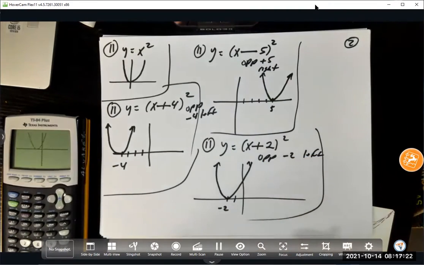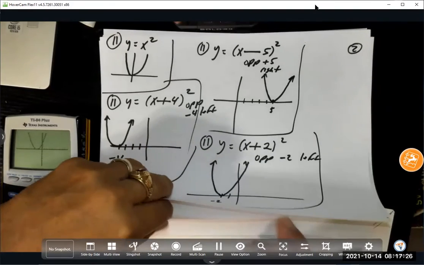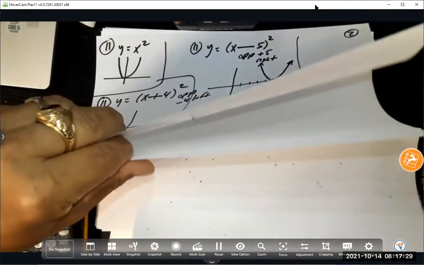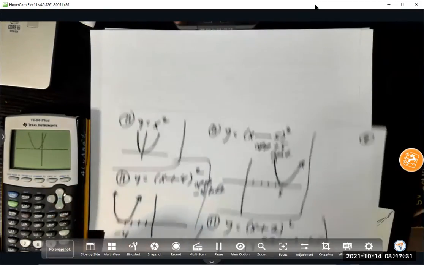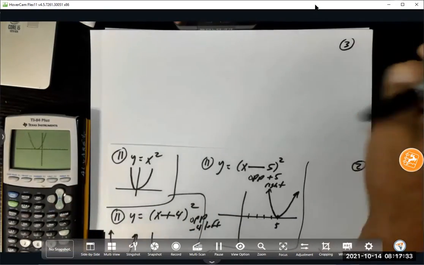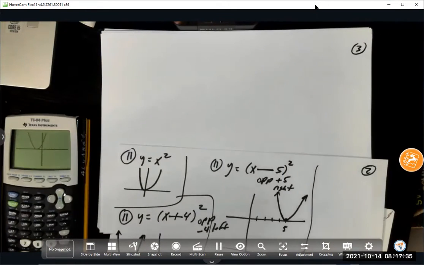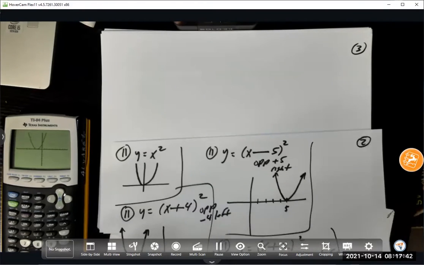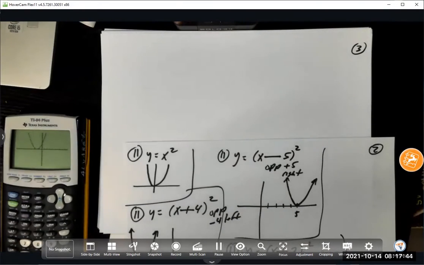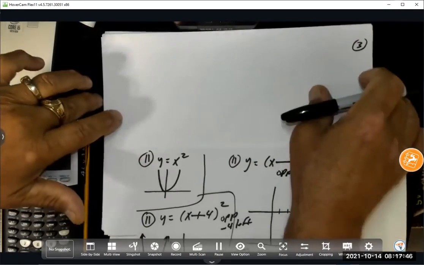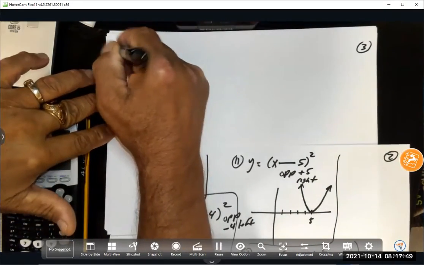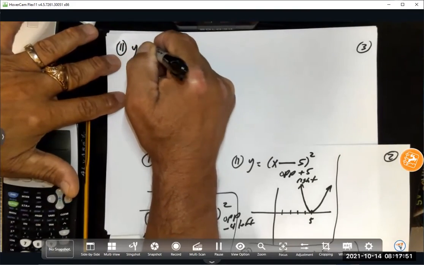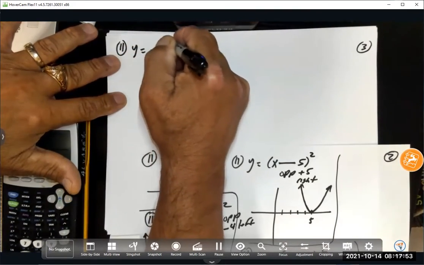What's in there? Now, I'm gonna do one more. Let's go to page 3. All right. So now, let's do this one. Number 11 again. So y equals -1x squared.